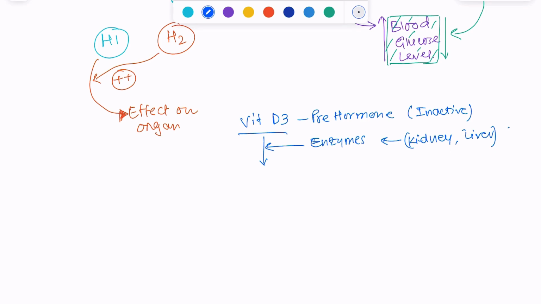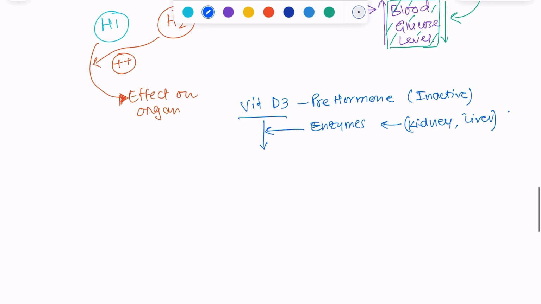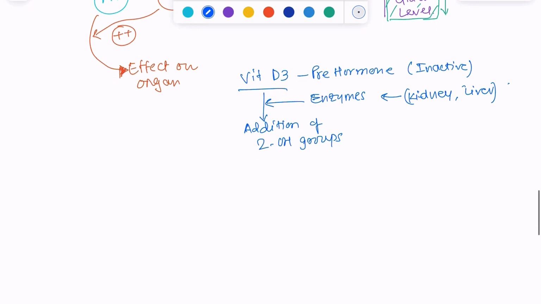What is the modification? There is the addition of 2 hydroxyl groups, 2 OH groups, so that this vitamin D3 pre-hormone can become the 1,25-dihydroxy vitamin D3 hormone.